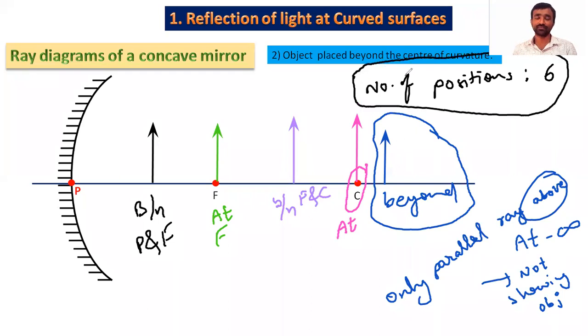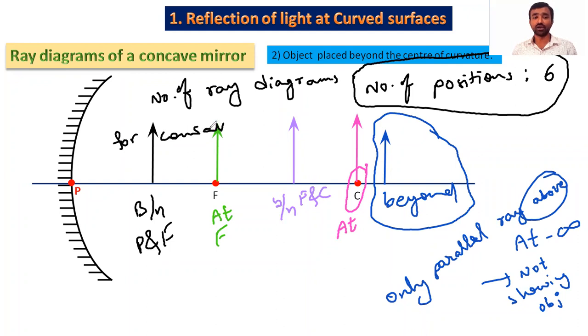Clear? So how many ray diagrams can you draw for a concave mirror? Six ray diagrams, right? According to the positions. So the number of positions is six, the number of diagrams is also six for a concave mirror.